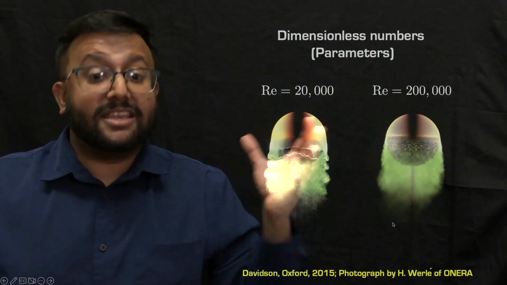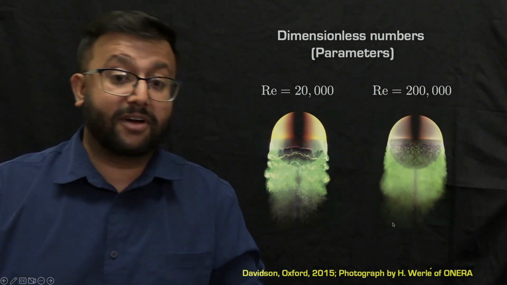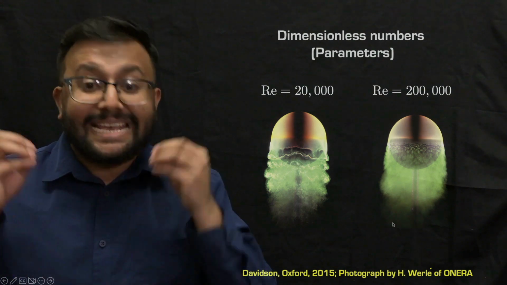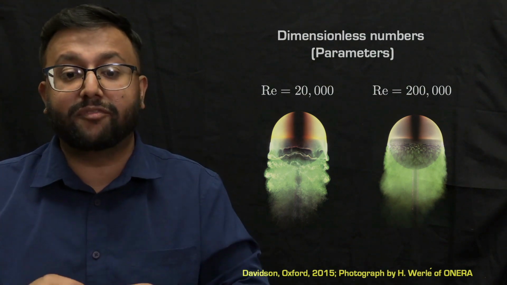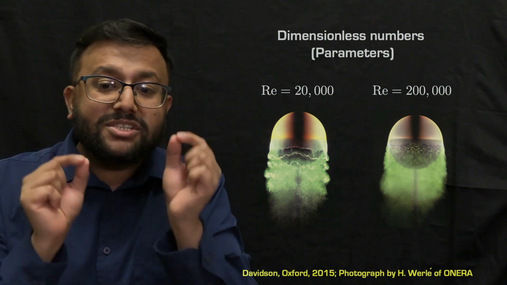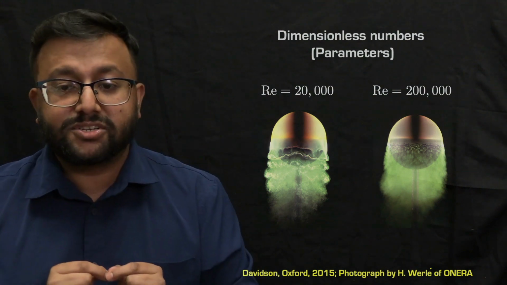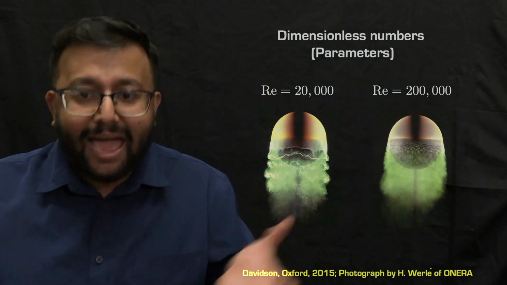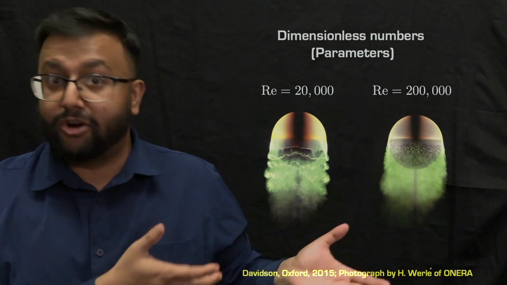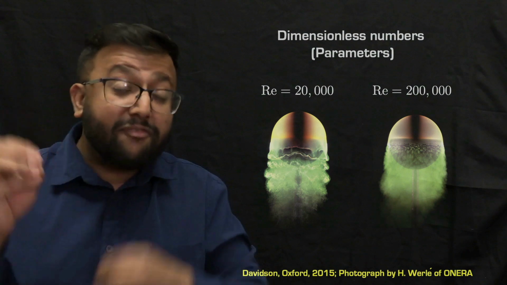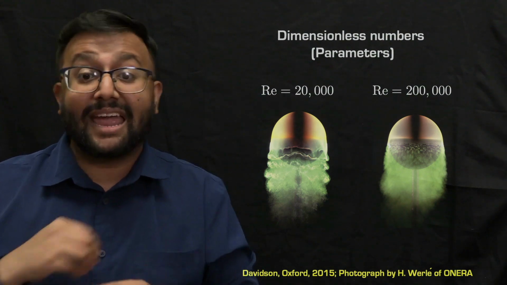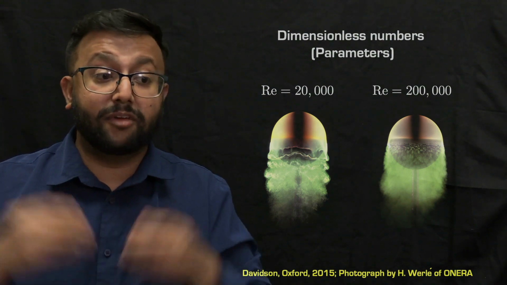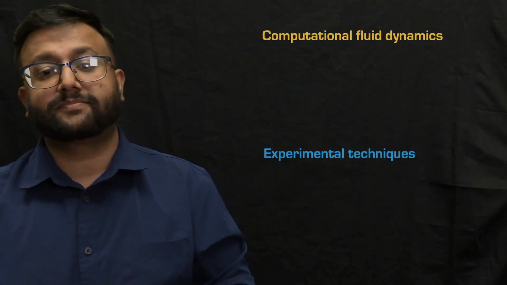But when we increase the Reynolds number to 200,000, we see that for this exact same configuration of the flow over the sphere, you start to see really small structures emerge. And we can't make out the large scale pattern anymore that we were observing on the left. So different dimensionless parameters can dramatically vary the fluid flow behavior.